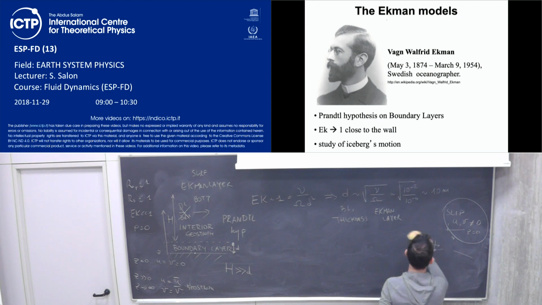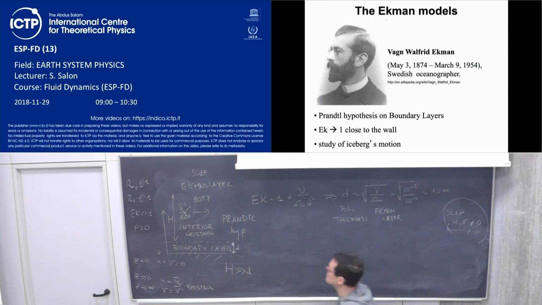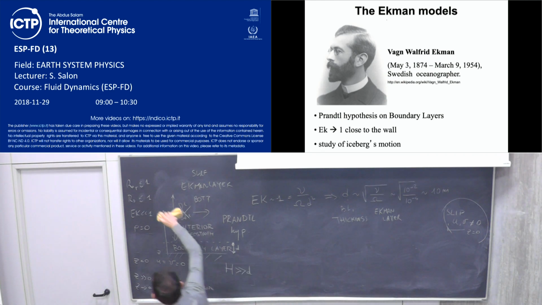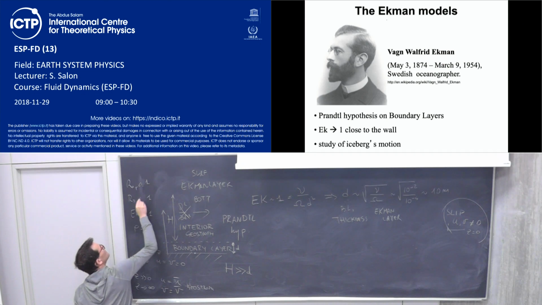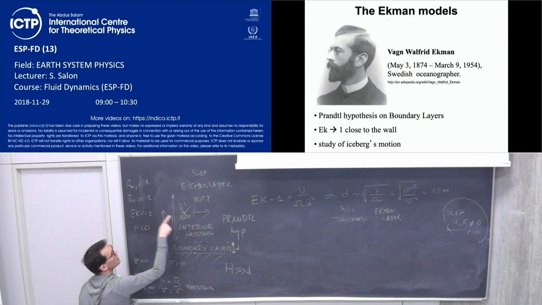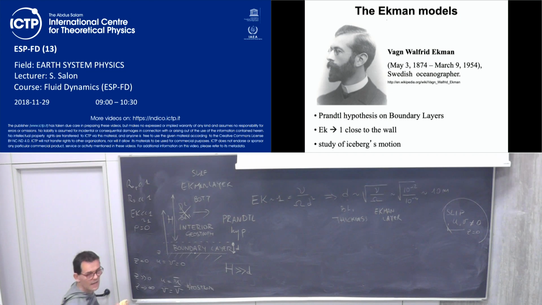So the equations of the Ekman layer: we are still considering the Rossby number much smaller than 1. The Ekman number, as I told you, is much smaller than 1 in the interior, but of order 1 in the boundary layer, and we are still considering a homogeneous fluid.